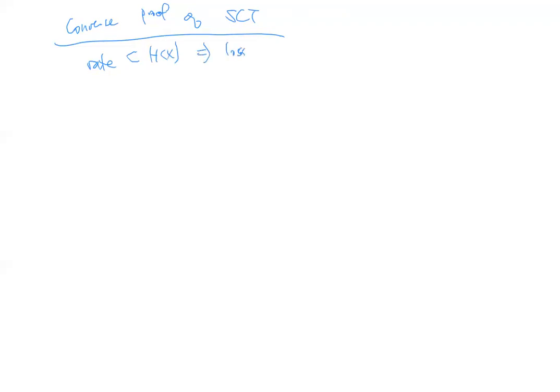So the compression will be lossy. But we will prove the contrapositive, so it's easier to prove. It's essentially the same statement. This is like A then B, which is equivalent to not B then not A, right?